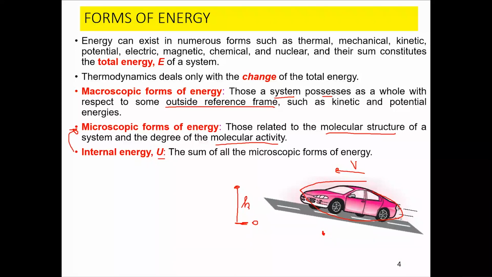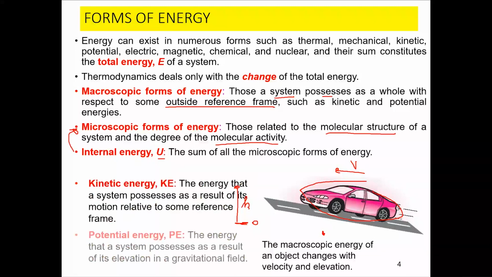So that is the macroscopic form of energy. Again, these energies are defined with respect to some outside reference. One is due to the relative velocity, and one is due to the relative elevation with regards to some outside reference.